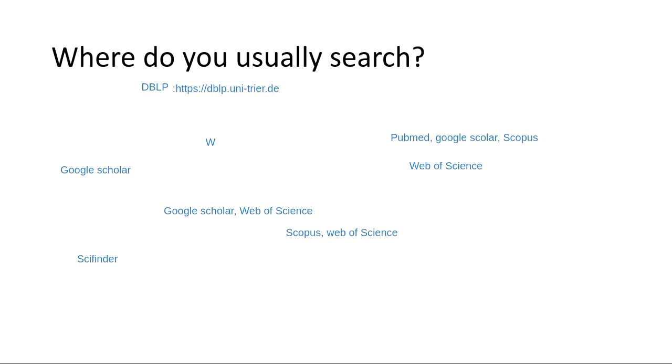Similarly, other databases such as Medline and Embase will include articles from lots of different publishers. So what we would generally recommend is that you search a range of sources. If anyone has any questions about sources, please ask in the chat.